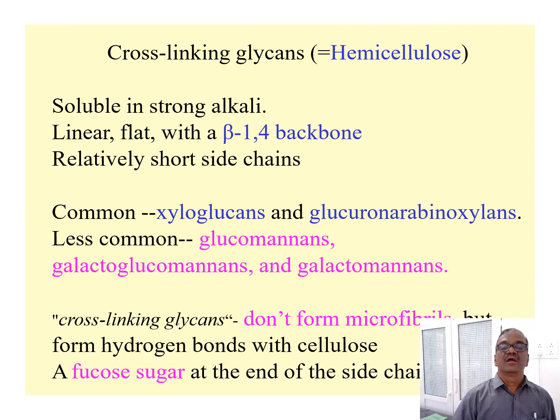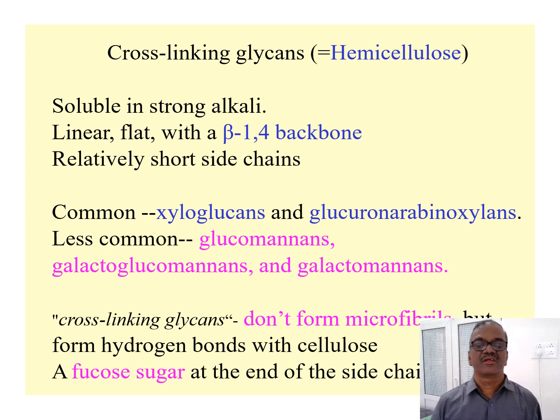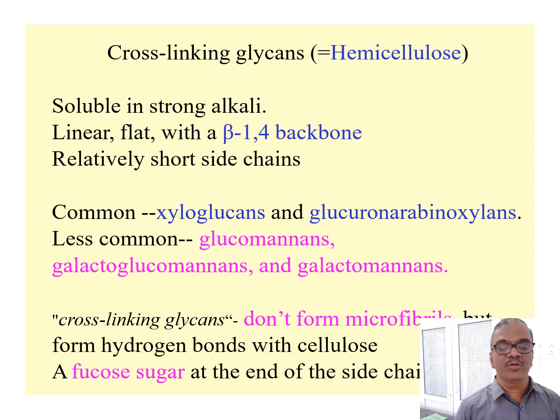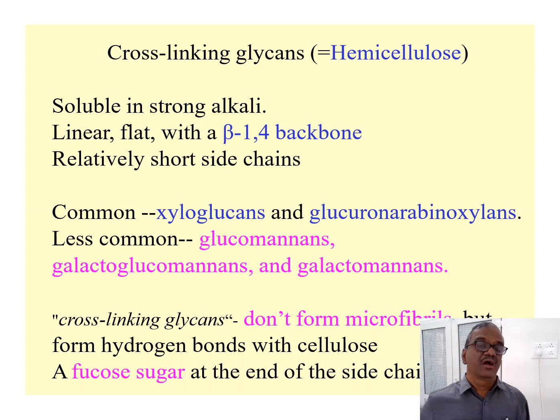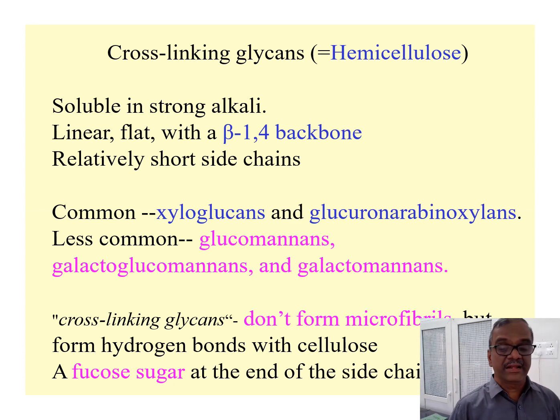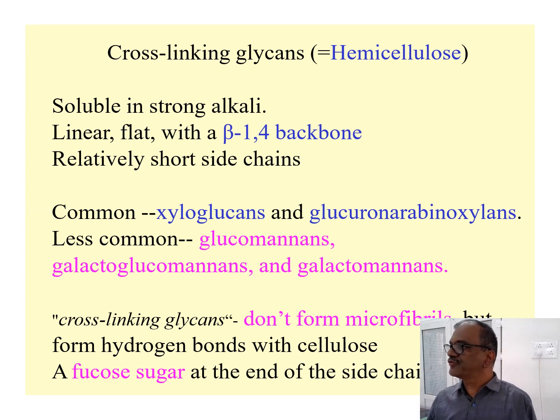Okay, then hemicellulose, how it is present. As we say, it is also a beta 1,4 backbone, but relatively short side chains are present, and they are soluble in alkali, and the common ones are xyloglucans. Instead of glucose it is xylose and glucose.